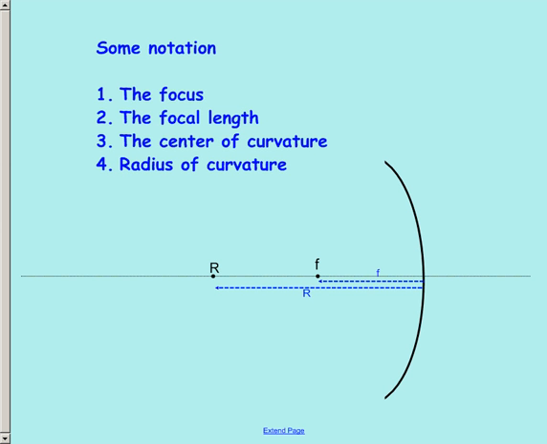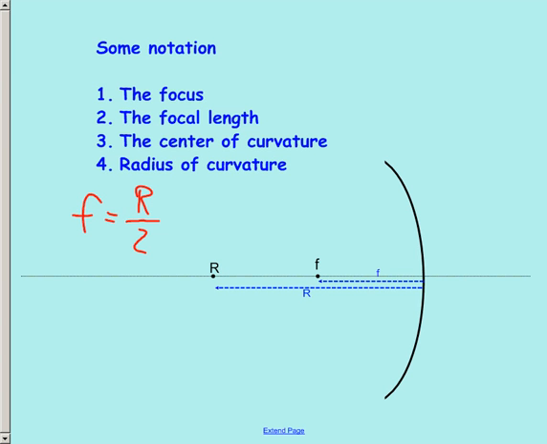All right. Something very important for all the mirrors that you're going to see, here's the rule. F equals half of R. R divided by 2. Okay? So when you have a spherical mirror, you might also see that.